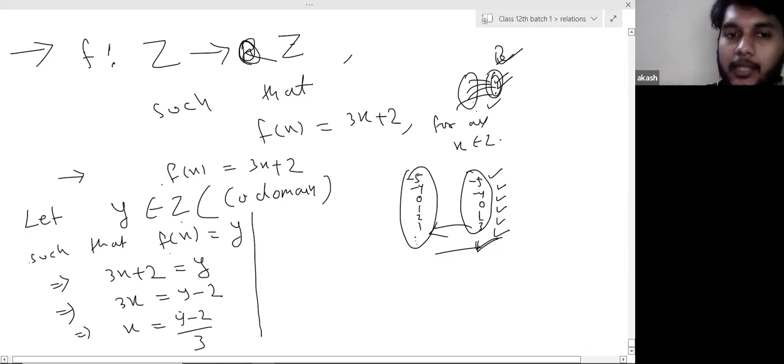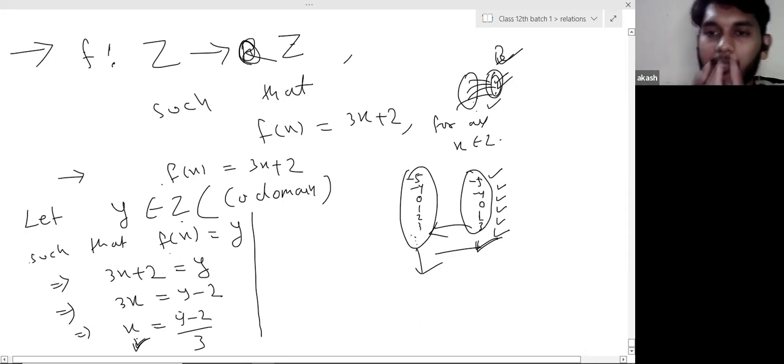Now y is from Z. Z is all integers. So no matter what integer I put, I should always get an integer as x, right? Because x is also from the integer set. The first set is also integers. So if I put y equal to 2, then 2 minus 2 is 0, 0 upon 3 is 0. So x is an integer.